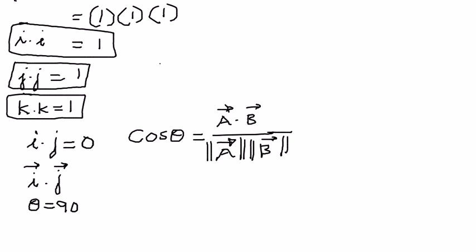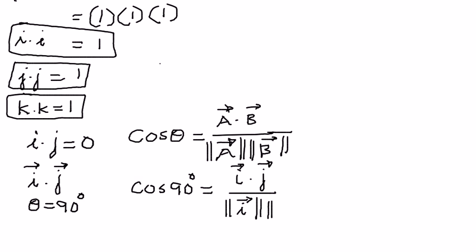Theta is equal to 90 degrees, and therefore coming back in here, cosine 90 degrees is equal to I dot J, vector I dot vector J, divided by the magnitude of vector I times the magnitude of vector J, right, like that.